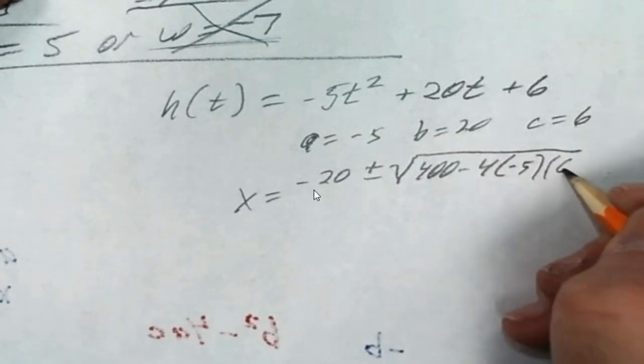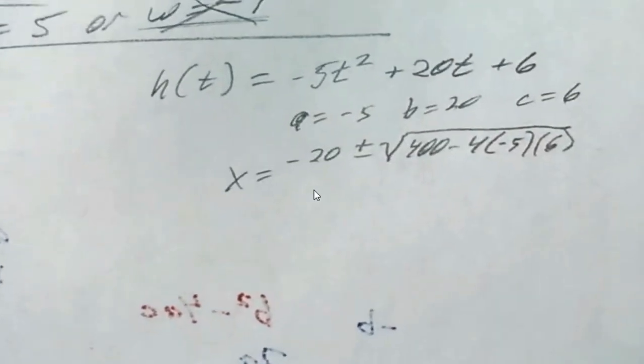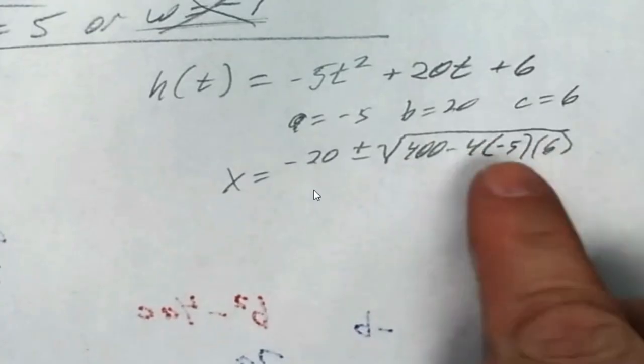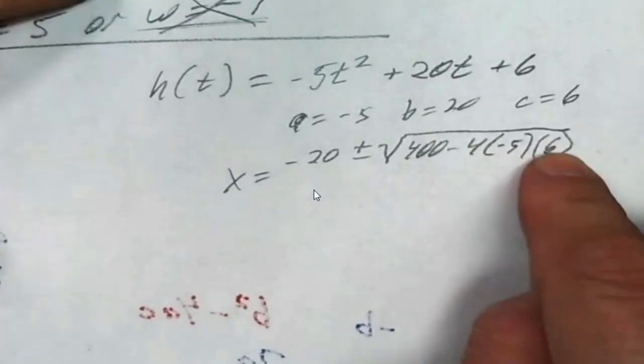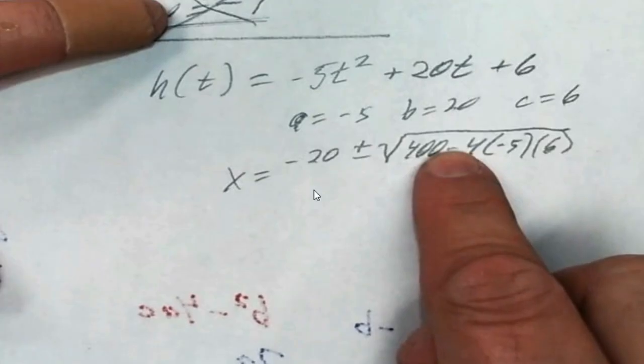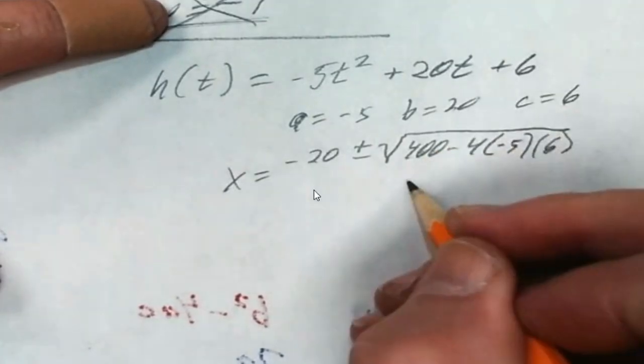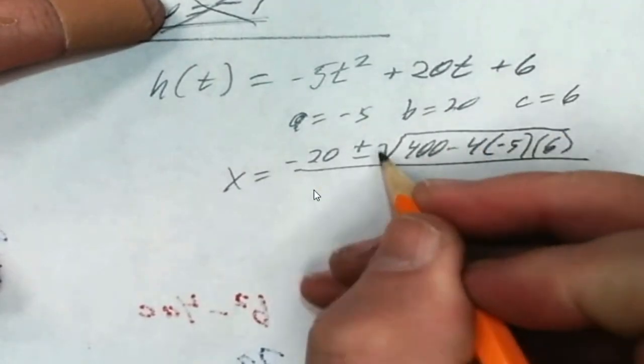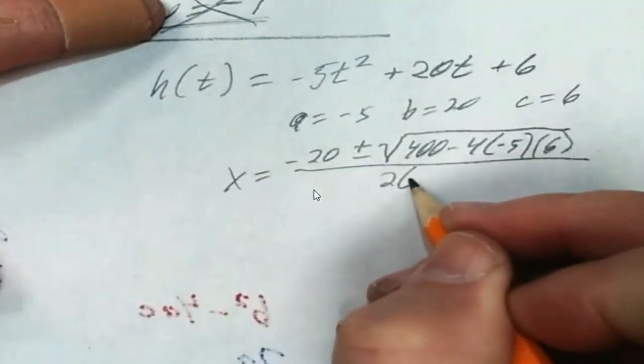C is 6. So 4 times negative 5 is negative 20 times 6 is negative 120. Subtracting 120 would mean adding. So 2a, 2 times negative 5.